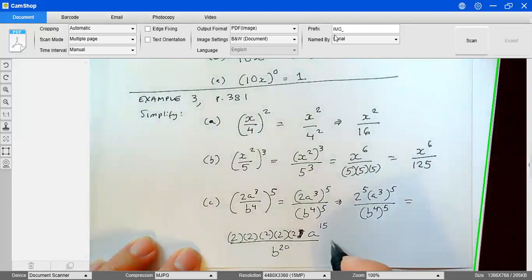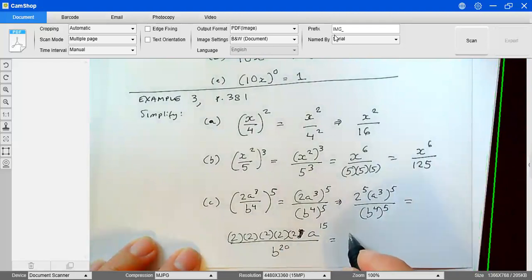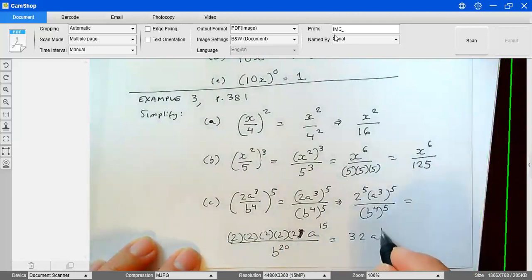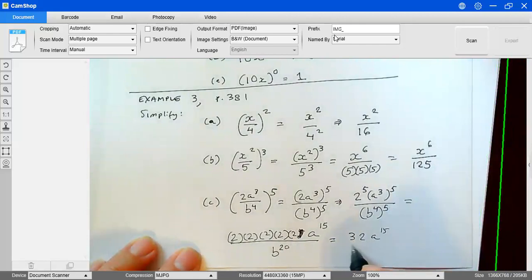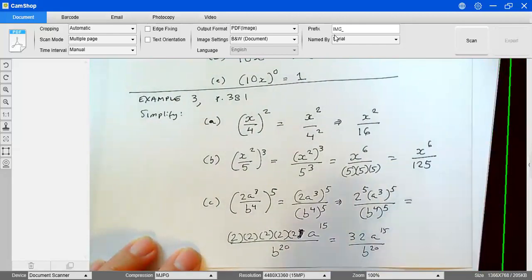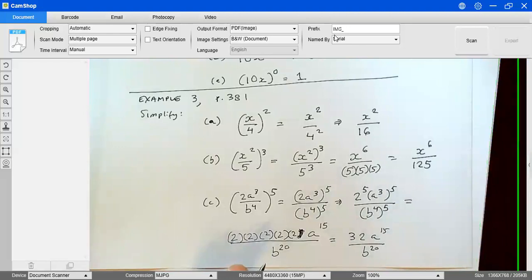So this product of 2's, you're gonna get 32a to the 15 over b to the 20th. So those are the examples that we needed to work on to practice the new rules, the rules for exponents when we have quotients, when you have fractions of division.